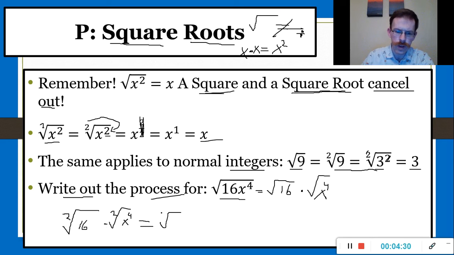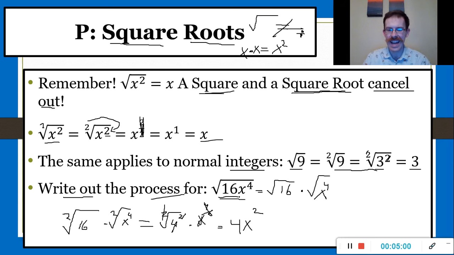So that's the square root of 4 squared times x to the 4 over 2. Obviously those 2s cancel out, so you're left with 4. 4 divided by 2 gives you x squared. So the square root of 16x to the 4th is 4x squared.